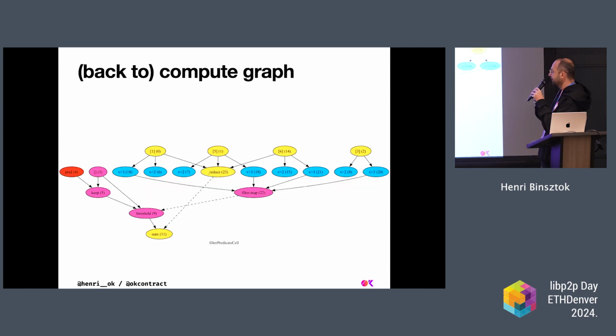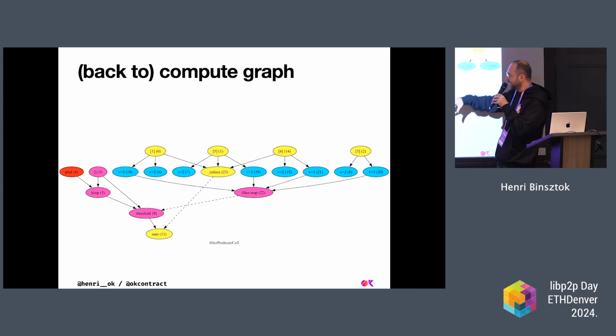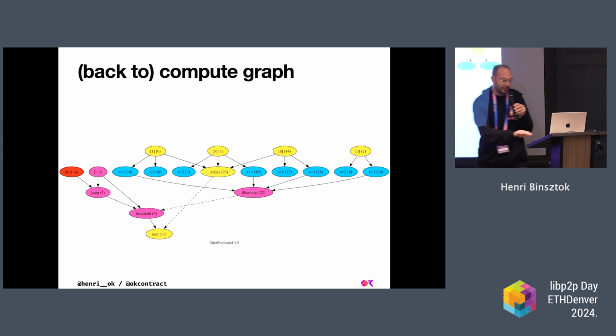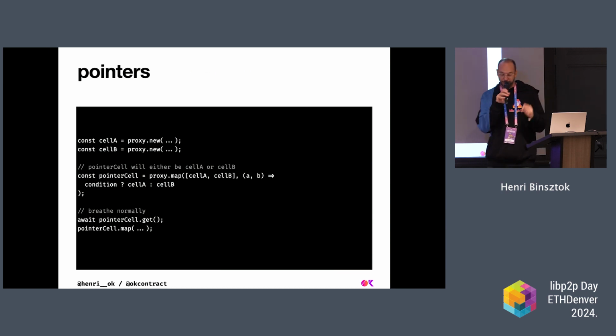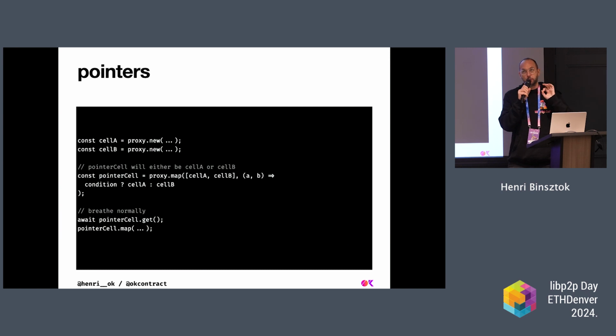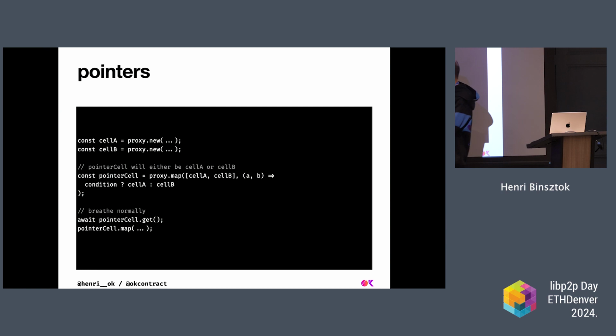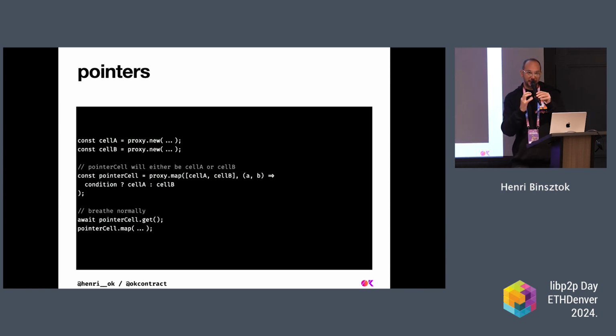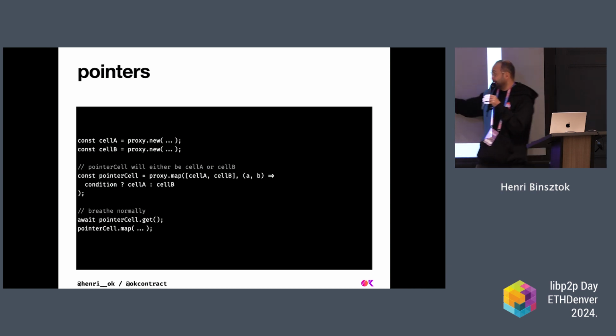Okay, so back to the compute graph. We can define these proxies, etc. And again, we notice those dashed lines. Those are pointers. Pointers are a very useful feature when we want to define several possible changes statically to that graph structure. That arises a lot, for instance, when we have a condition on a given cell, and depending on it we remap a subgraph dynamically at runtime to that given cell below.